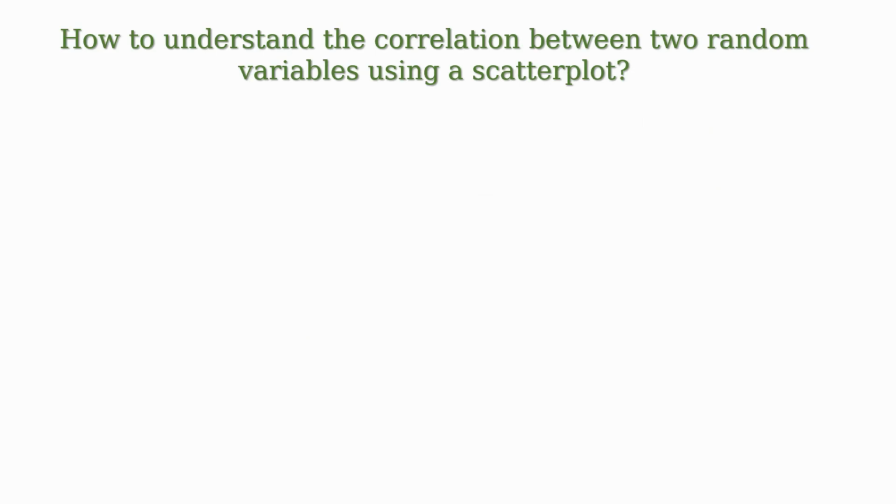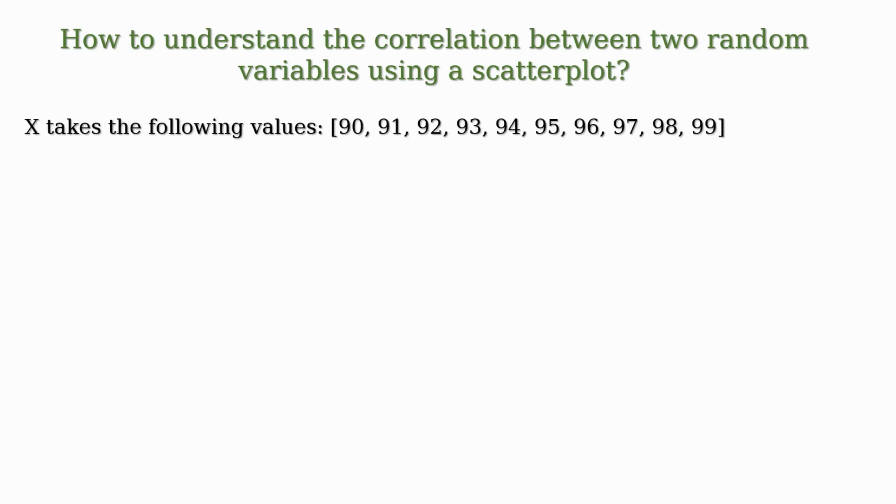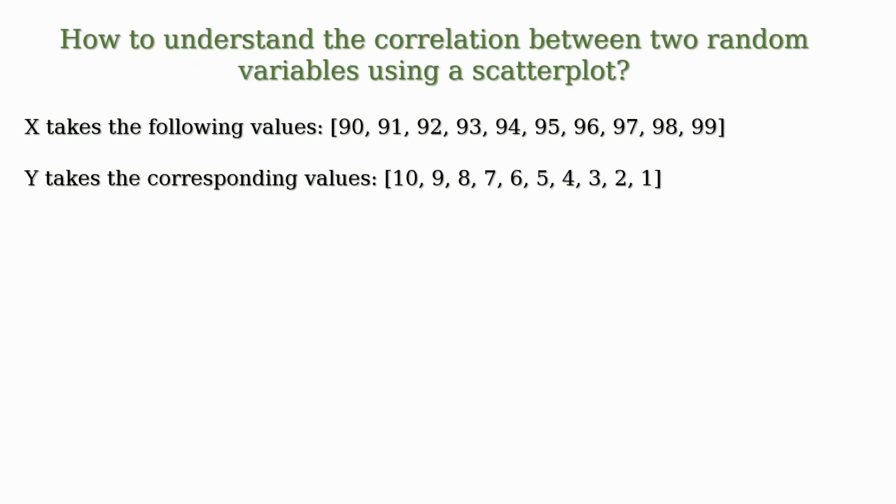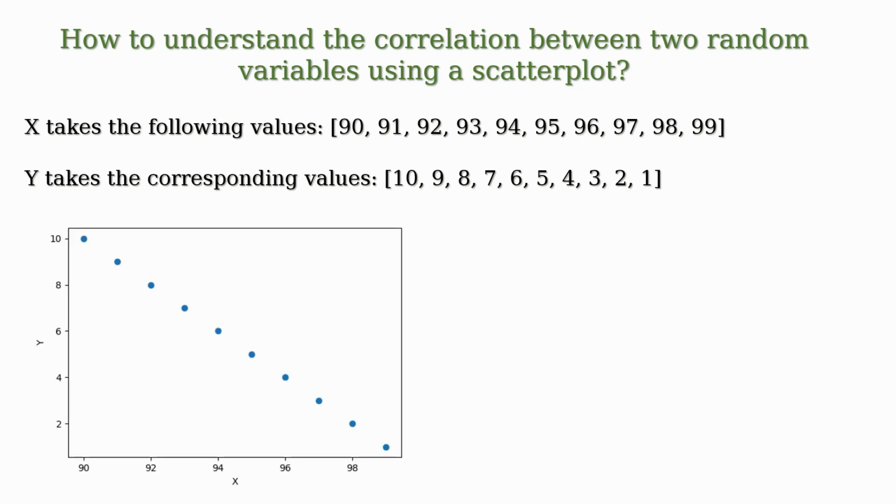On the other hand, let's say x takes the following values and y takes the following corresponding values. Now, if we plot the values of x and y using a scatter plot, the scatter plot will look like the following. From the scatter plot, we can see that if we increase x, y decreases.